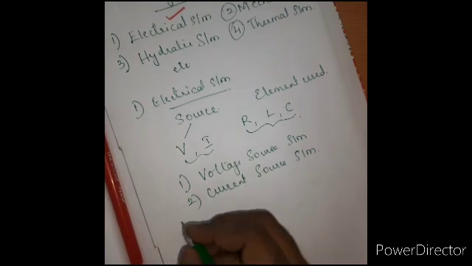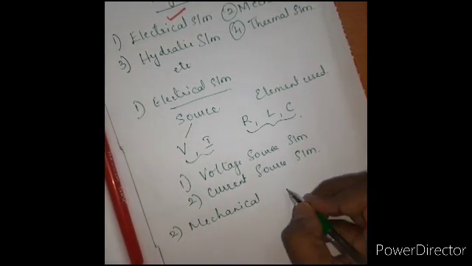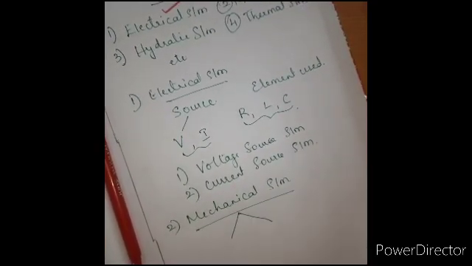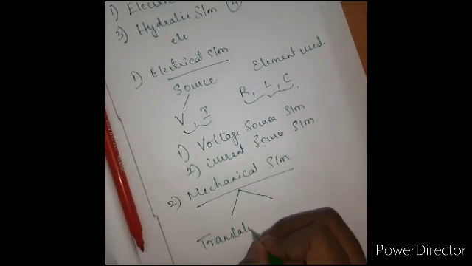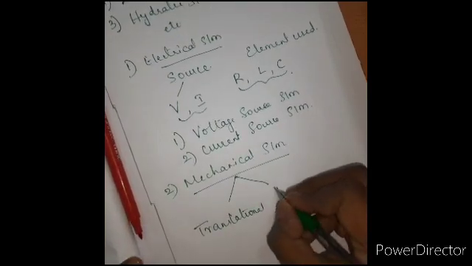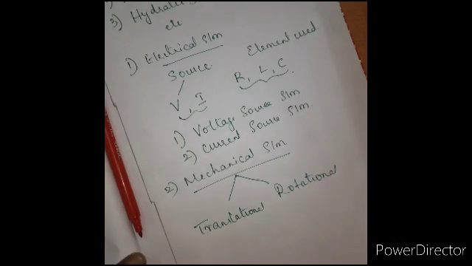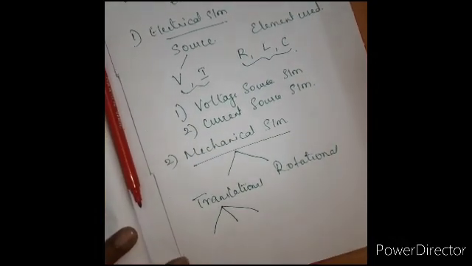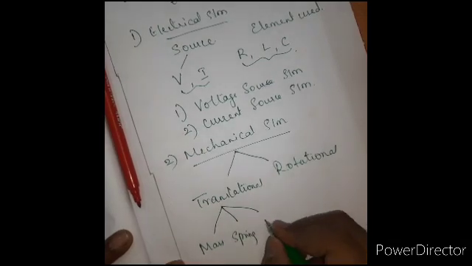Next one is mechanical system. It is classified into two types. They are translational system and rotational system. If I am saying translational system, three different elements come into picture. One is mass, spring, friction.